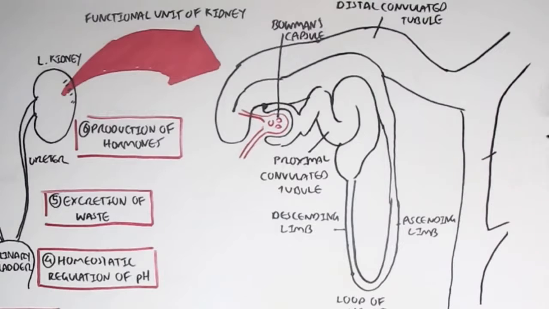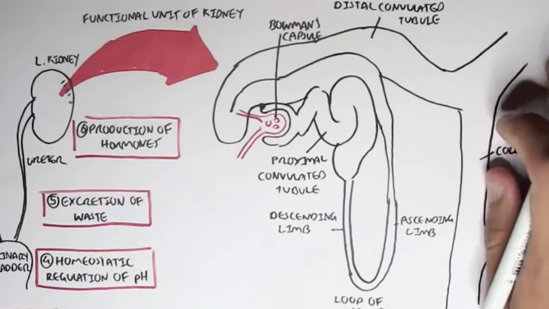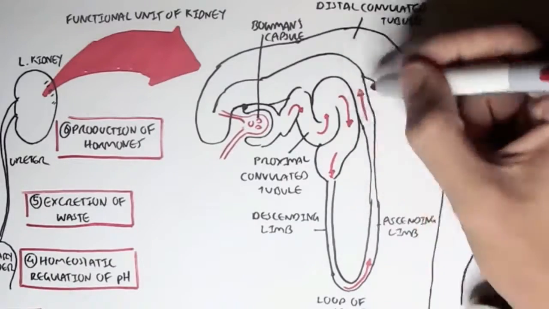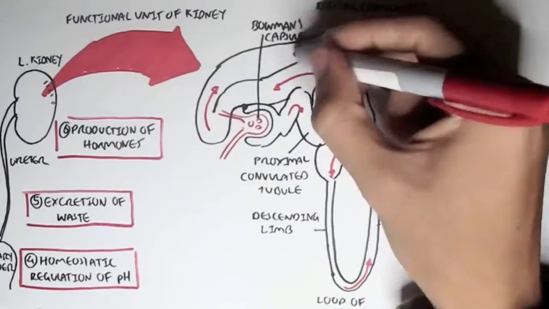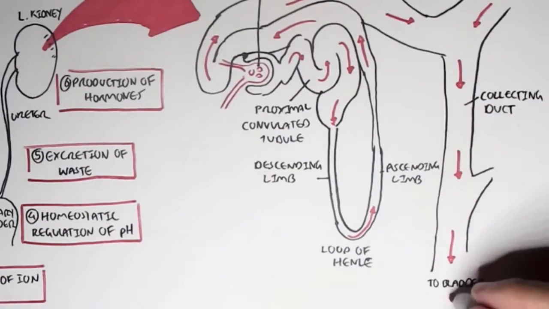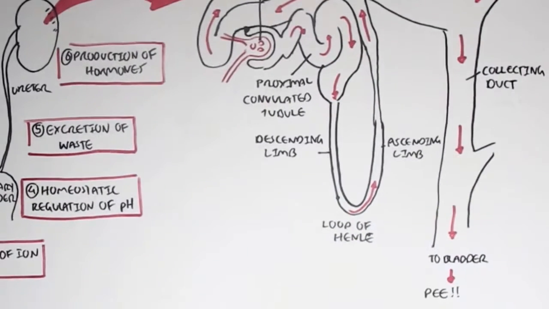All these nephrons will connect essentially to the collecting duct, where it will add up to produce the waste, the urine that we will pass on to the bladder, and then it will go out as pee. I hope that makes complete sense.